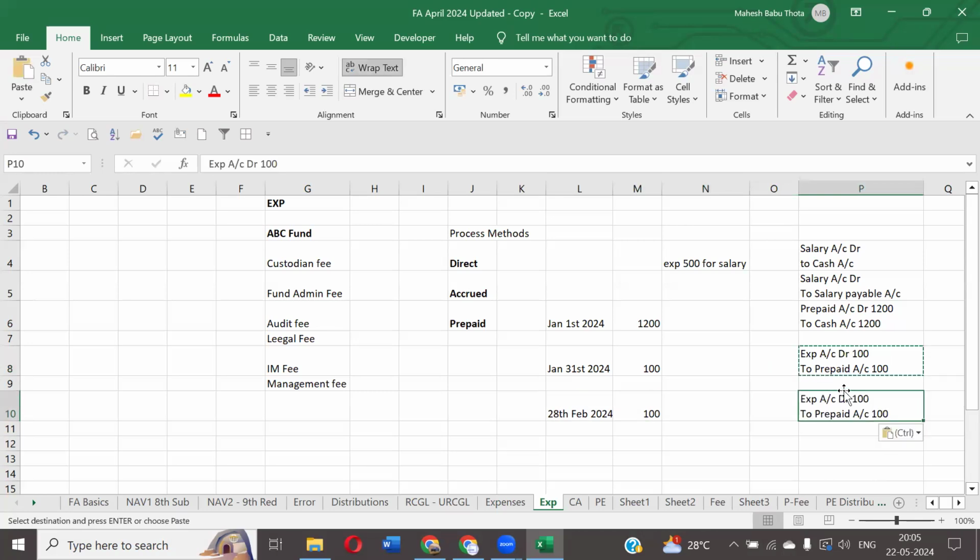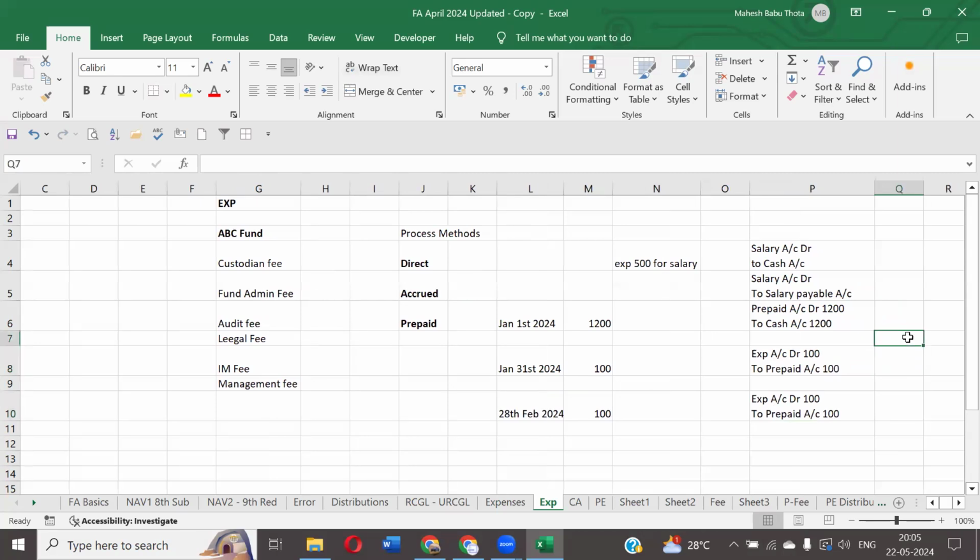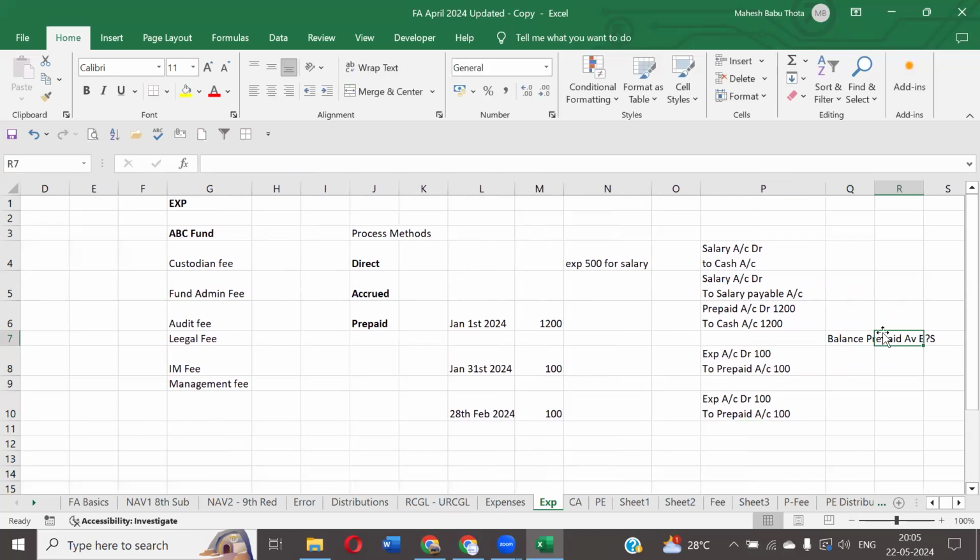Whenever we are writing this prepaid, we will see the balance of prepaid available in the balance sheet. After paying this first month, what would be the balance sheet value of the prepaid? 1100. After paying second month, 1000.